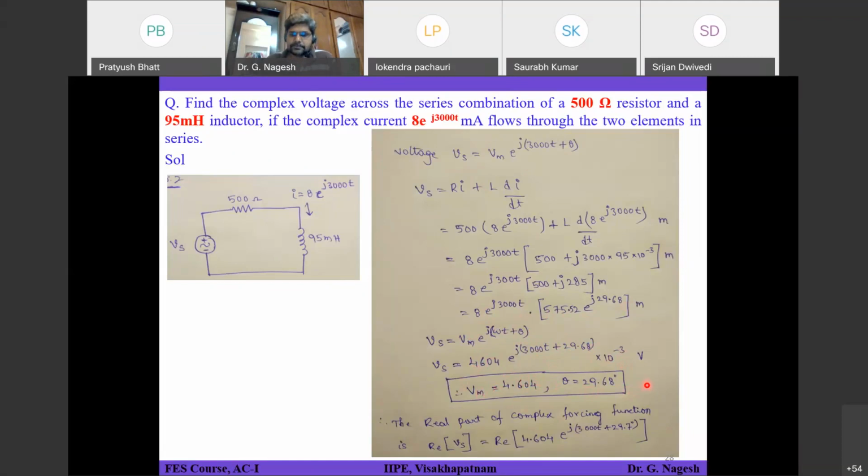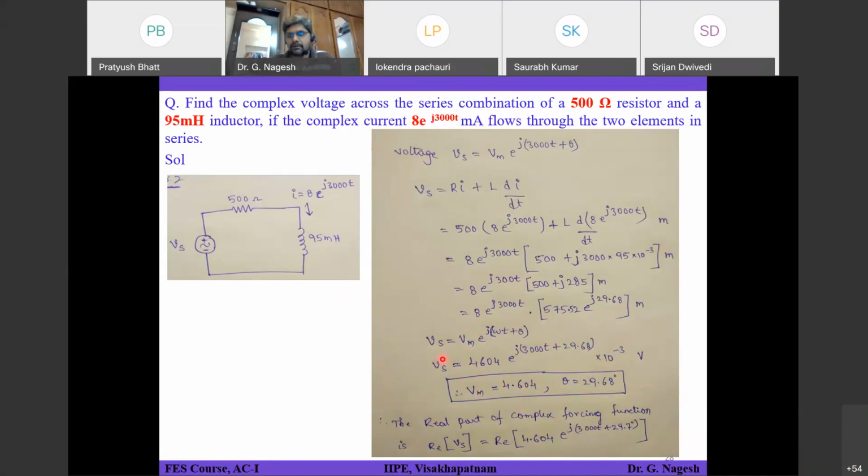So this is the complex format which we have seen. Vs was shown here in complex format. We are interested only in the real part because the imaginary part does not exist in your real system. If you consider your house, the imaginary part doesn't exist. In any circuit, the imaginary part does not exist.